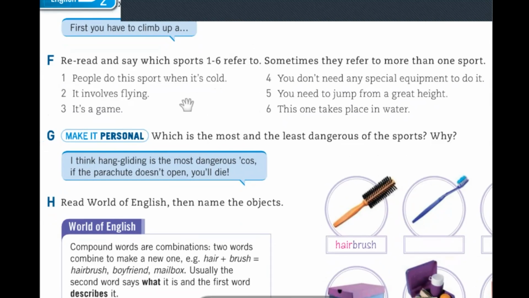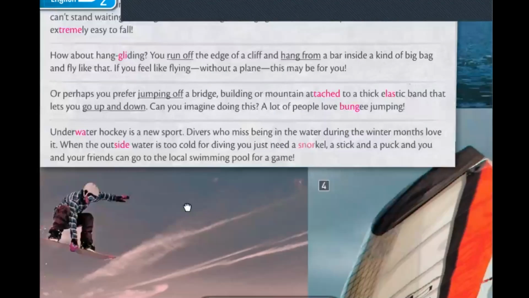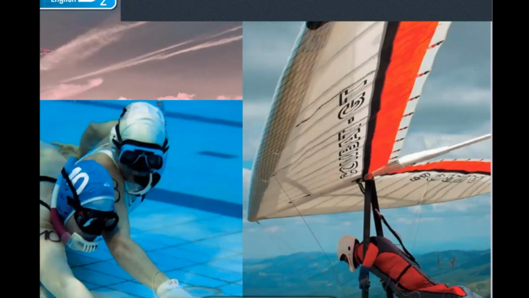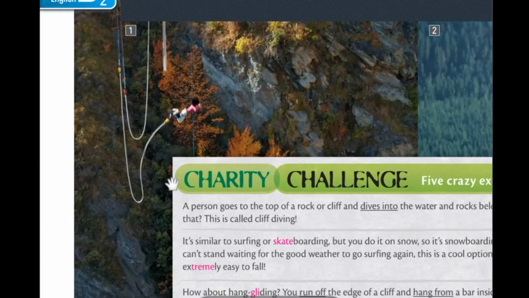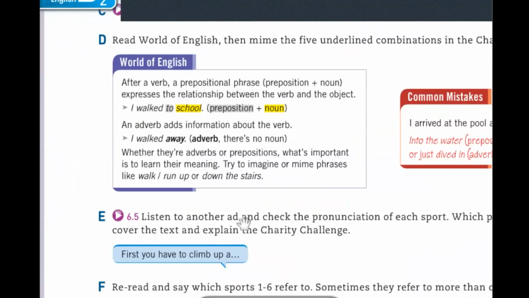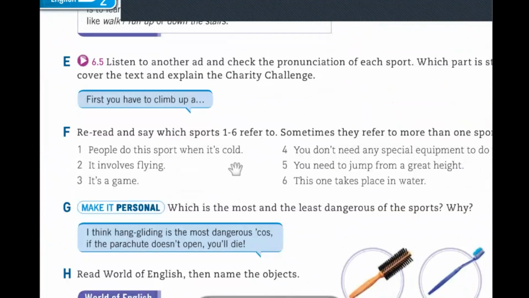All right, it involves flying, maybe, well, snowboarding, hang gliding for sure. Hang gliding. Yeah, and cliff diving for, well, just a second, where you're not actually flying, but if you go deeper into the concept of flying, it applies.